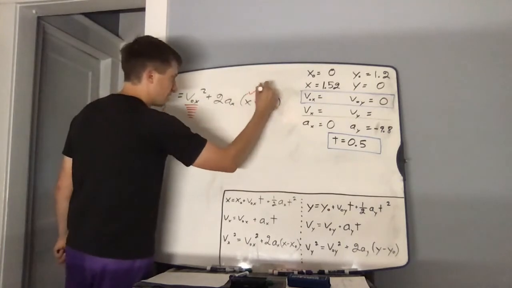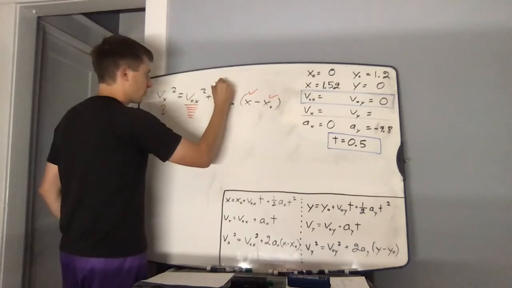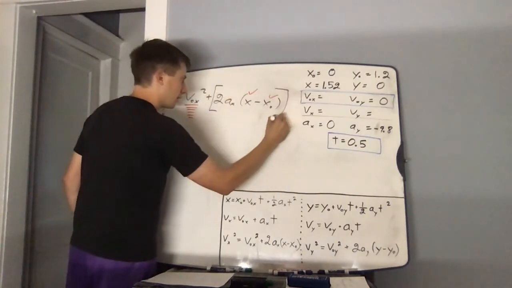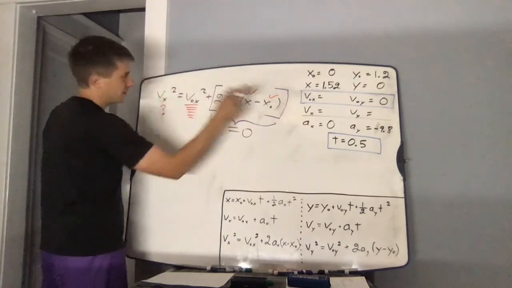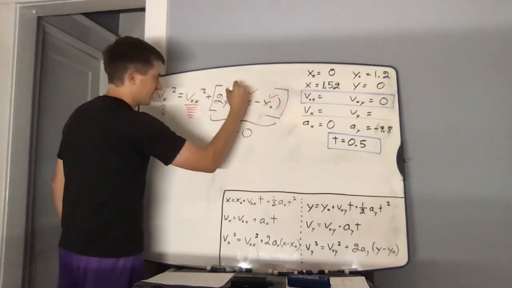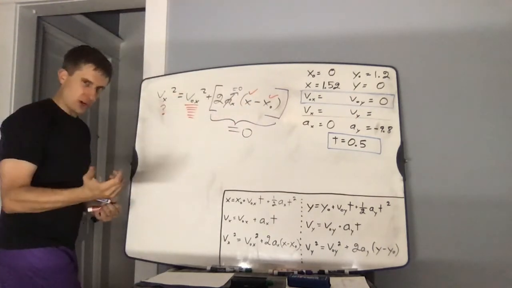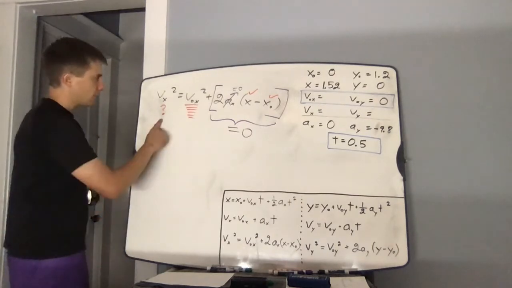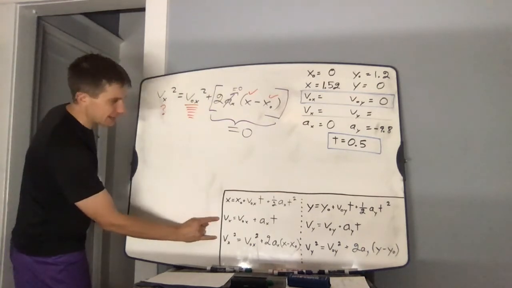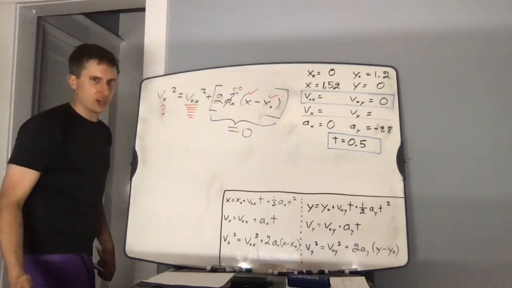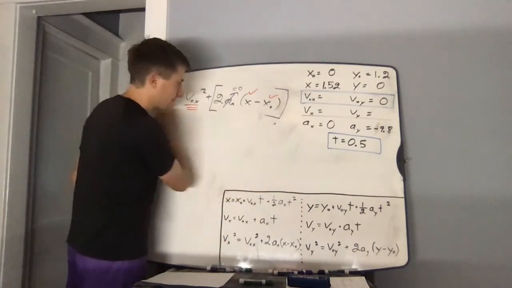I know what these numbers are, but the problem is this entire term here is just going to be equal to 0. Because even though I have numbers, ax is again equal to 0. And I multiply that by 0, and I'm left with what I had previously, a statement that the final velocity is going to be equal to the initial velocity. So we found that these last 2 equations will not be helpful to us. Well, we only have 1 equation left, so this must be the one that will work.